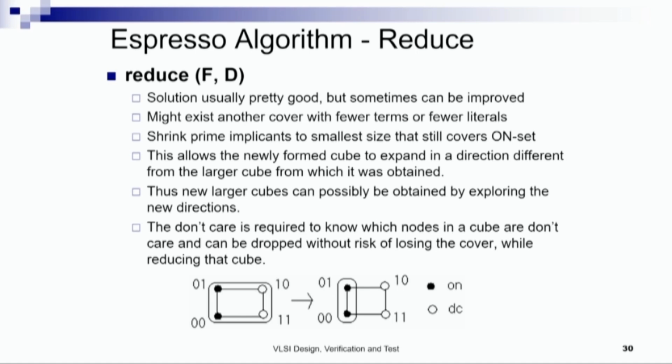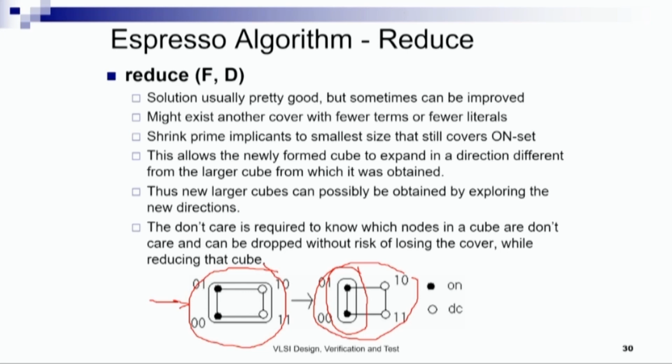in this example I had this cover here and it was a prime cover. Now when I reduce it, we still see that here was a cover, because these are don't cares, this is still a cover. Okay. However, let us say this one is also an on.